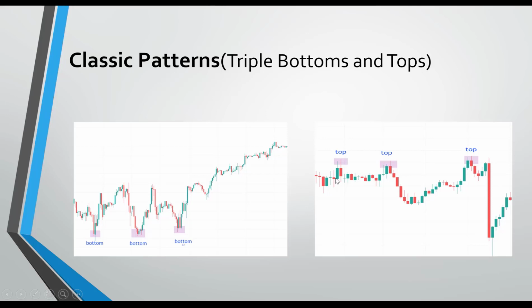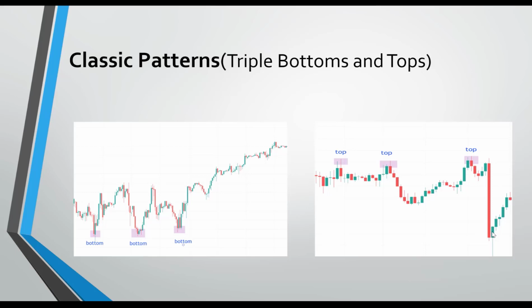We can see a kind of resistance line, and the price failed to pass this line. So you can see the first top, the second, and the third. And after the third top, you can see a kind of bearish market or bearish trend. All right. So this is about triple bottoms and triple tops.